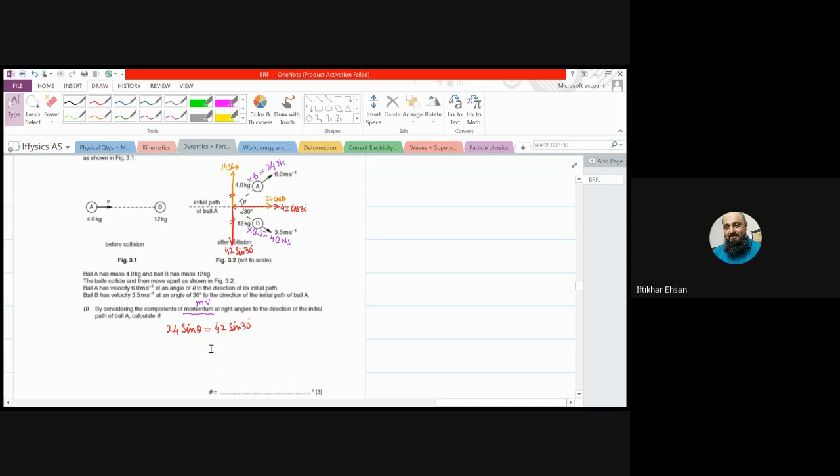Beta, can you now find the theta? Yes, sir. It is 21, and 21 divided by 24. Now sine inverse, if you calculate, it will make sine inverse of 21 over 24.